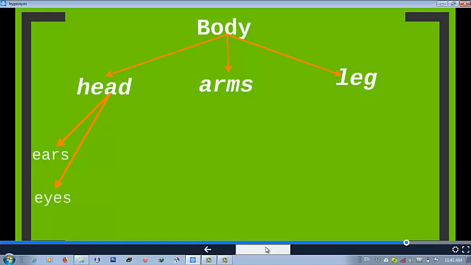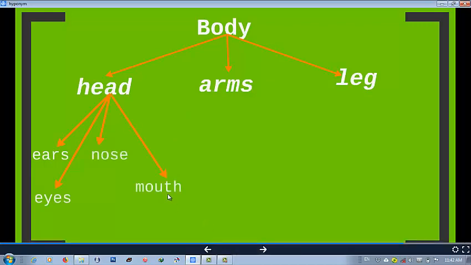Here we go to the next one. So head combines nose, mouth, eyes, ears. We have more, but I just pick up only four. So mouth, nose, eyes, ears are the meronym of head. Alright? We have to complete them to become a head.